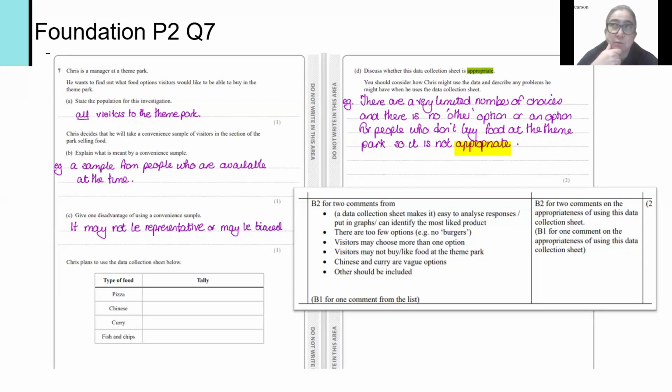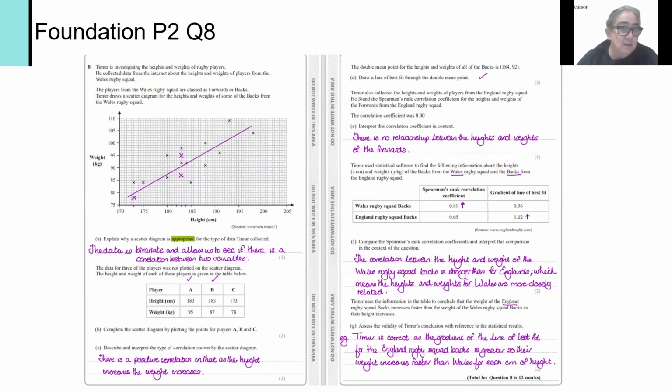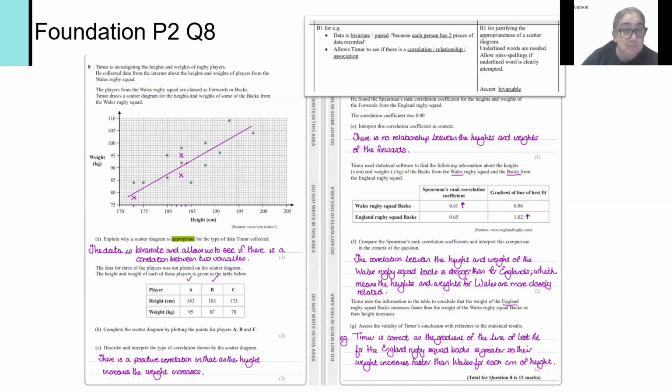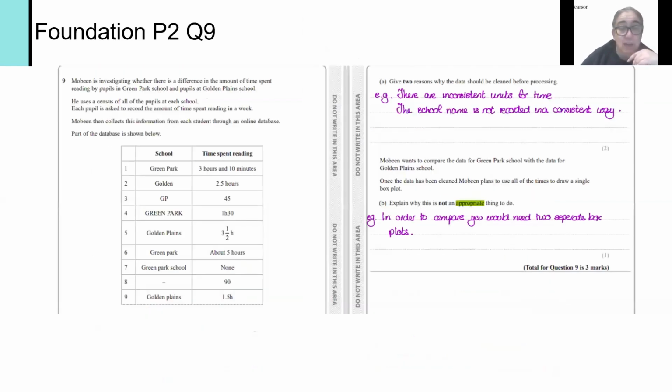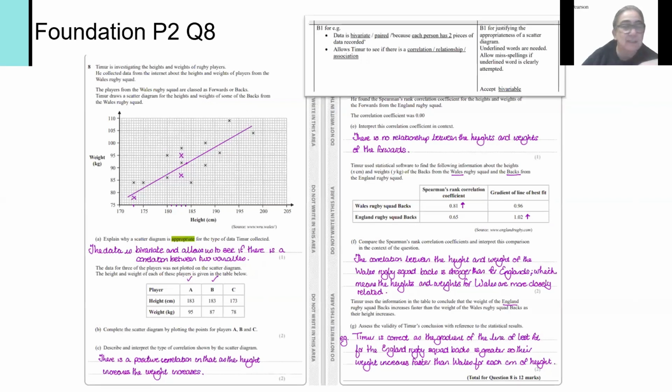If you go back to the old standards packs, there's some really great averages questions. Averages, what am I thinking of? Words, resources. Then foundation paper 2, question 8, looking as to whether or not a scatter graph was appropriate.